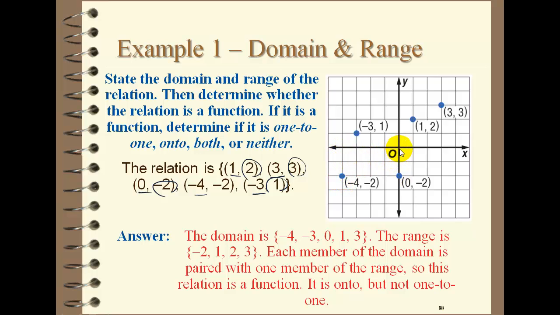So that means you have two x's that share the same y. That means it cannot be a one-to-one function because they have to be unique. They have to be different y's for each x. So it is a function, but it is not one-to-one, and so that means it has to be an onto function.